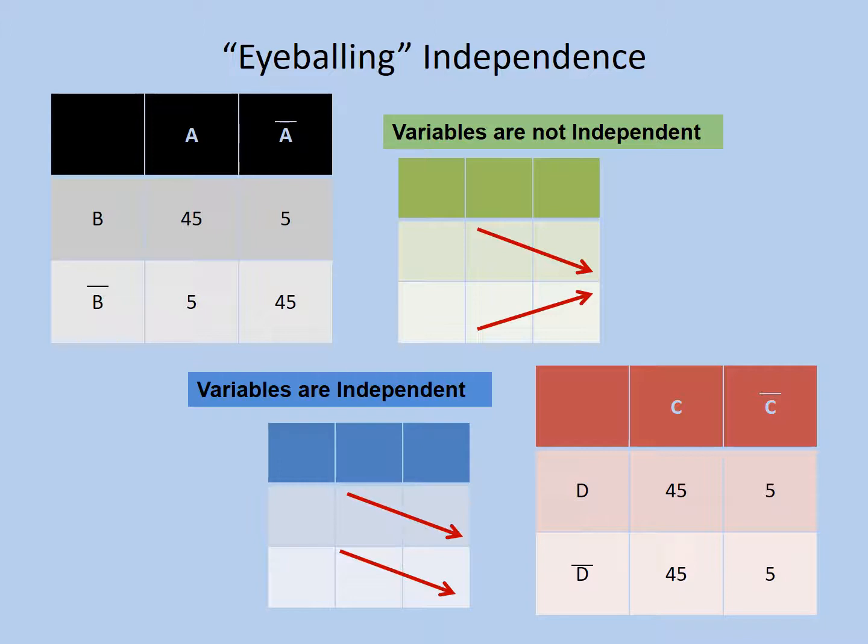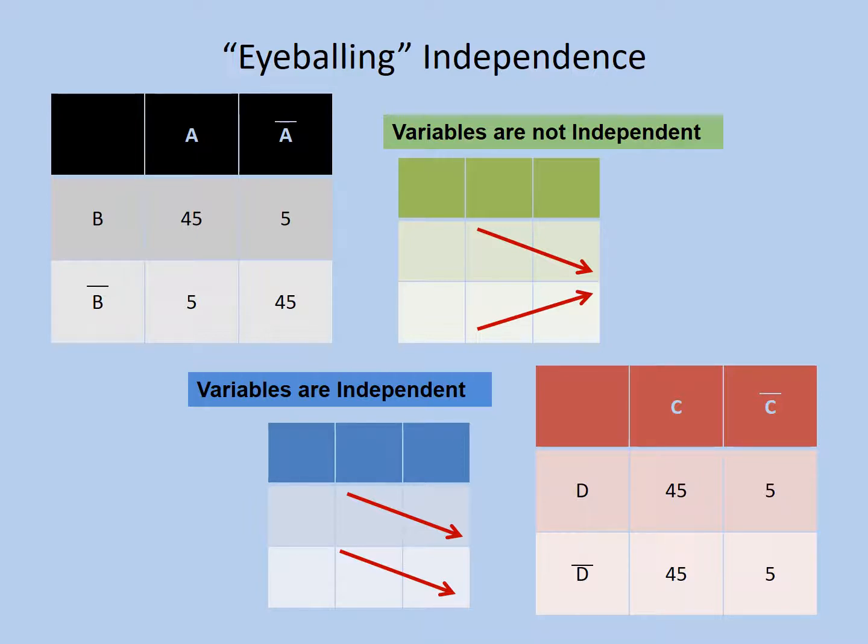The table at the bottom right, on the other hand, indicates two variables that are independent. Once again, we can eyeball these data by drawing horizontal arrows to compare how the data in one column changes to the other column for each row of the table. This time, for the table at the bottom right in row B, the cell frequency decreases from 45 to 5, so we have drawn a downward arrow.